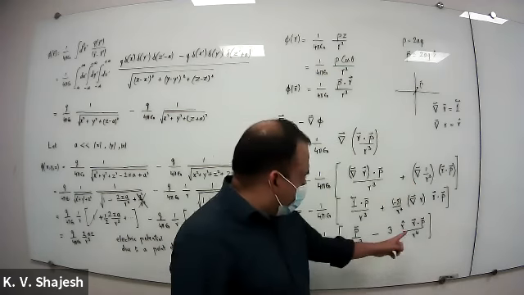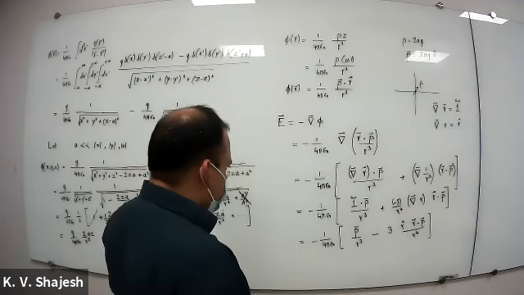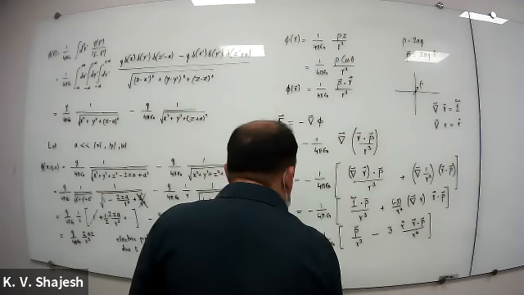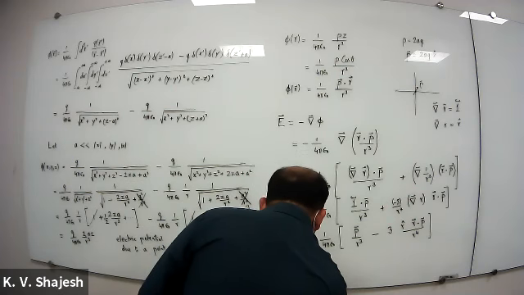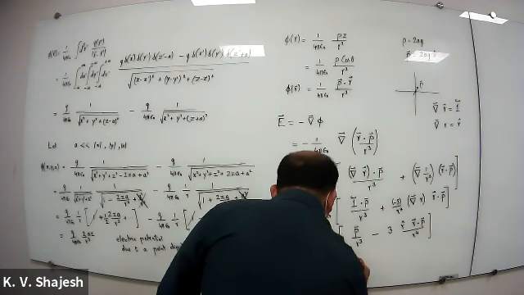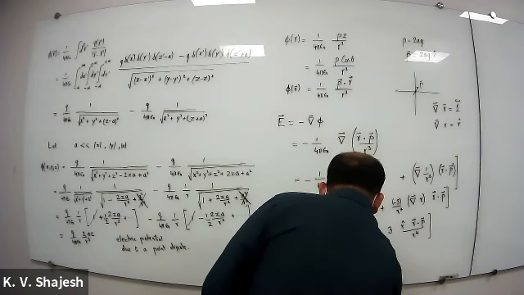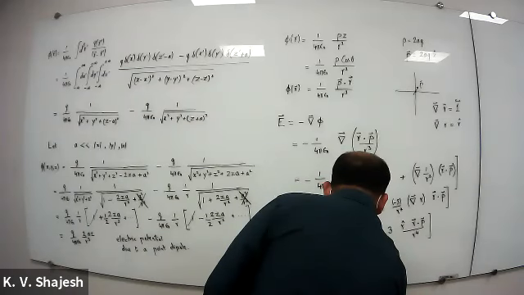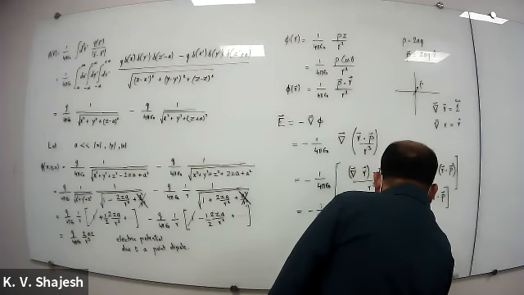But I can get rid of one of the R's by making this an R hat, and that's what I'll do, and I'll rewrite this without the sign. So this is 1 over 4 pi epsilon naught, 1 over R cube, and write this in the front. That is 3 R hat dotted with P minus the P vector itself.